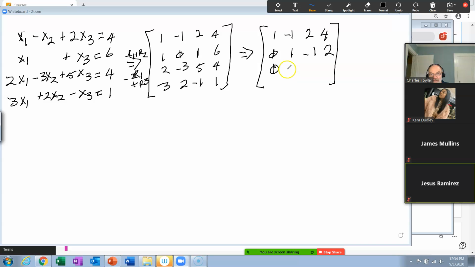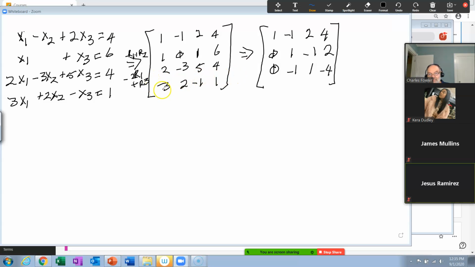Minus 3 would be a minus 1. Okay. Minus 2 times 2 is minus 4, plus 5 is a 1. And minus 2 times 4 is negative 8, plus 4 is negative 4. Okay, I think. Track me and make sure I'm right.